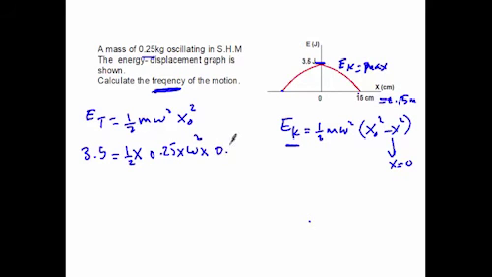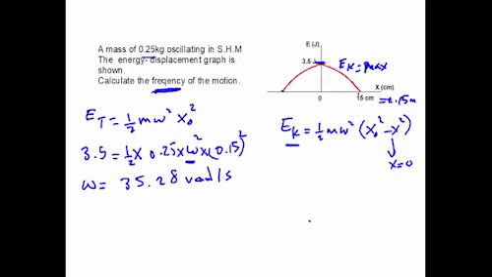So this is 0.15 whole square. This will give us the value for omega. So we can find omega, which will be 35.28 rad per second.